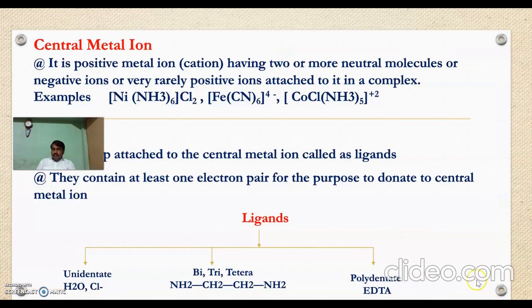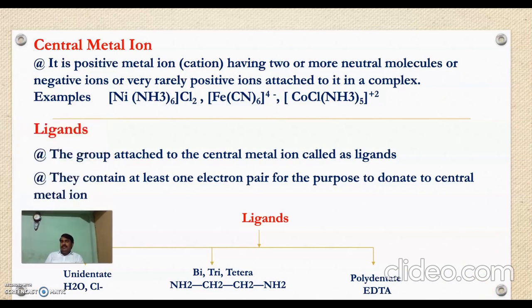Then the next term is central metal ion. What is the central metal ion, also called CMI? It is a positive metal ion, that is cation, having two or more neutral molecules or negative ions, or very rarely positive ions, attached to it in a complex.